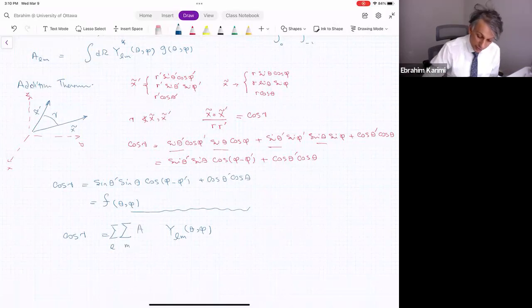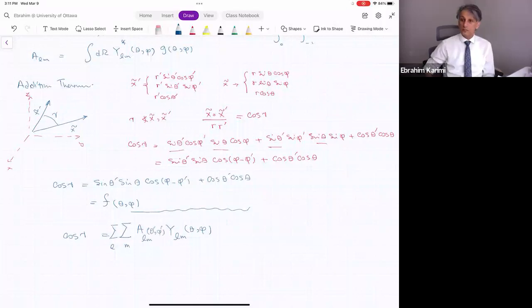And what will be the coefficient? A_LM of theta prime and phi prime, okay? You can do that and you will get the relationship that you are looking for. Essentially, that will be a bound on the value you are looking for. All right?